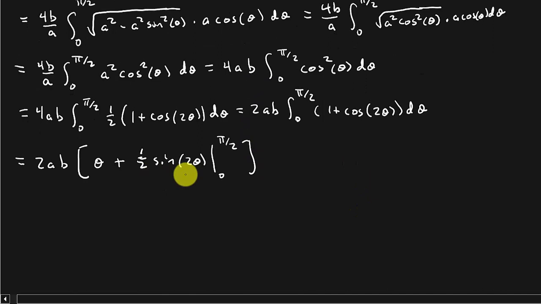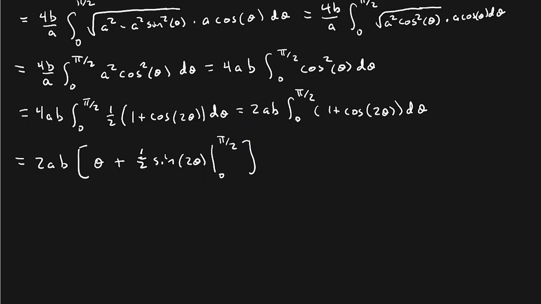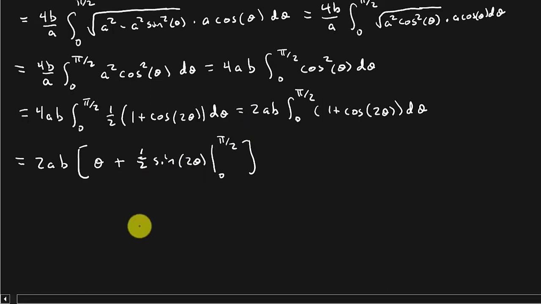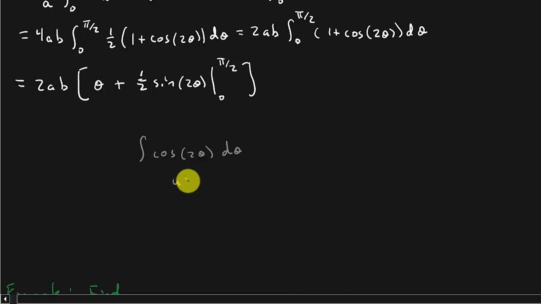So how did I do that? Let's do this real quick on the side. For cosine 2 theta, you can use substitution if you want. u equals 2 theta, so du is 2 d theta. I only have a d theta, so I need a 2, so I multiply by 2 and multiply by 1/2.